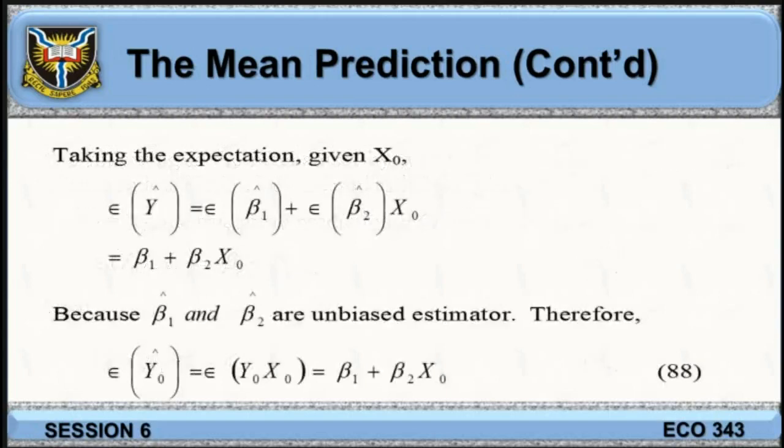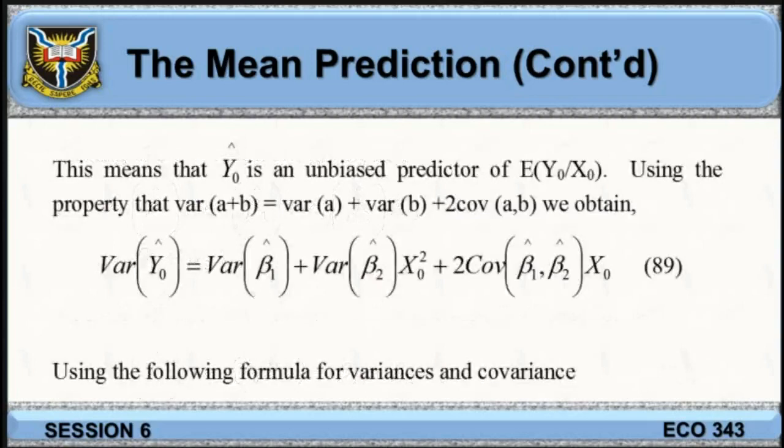Taking the expectation given X naught will give us the equation below, because beta 1 estimator and beta 2 estimator are unbiased estimators. Therefore, in equation 88 below, this means that Y naught estimator is an unbiased predictor of E[Y naught | X naught].